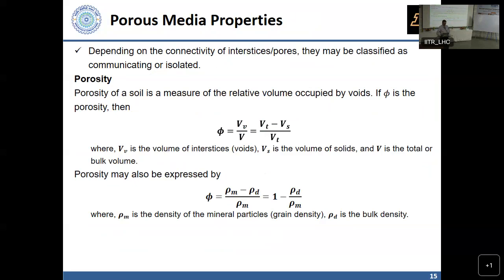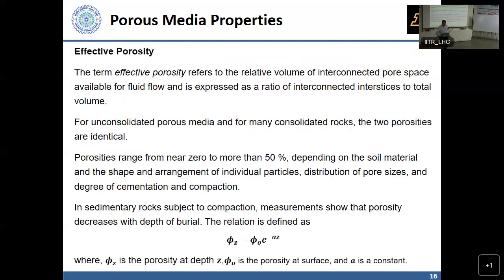As I said, porosity plays a very important role, and we also define something called effective porosity. Effective porosity becomes very important. It refers to the relative volume of interconnected pore space available for fluid flow. Even though we have a lot of pore space, some of it is perhaps so fine that it doesn't allow conduction.